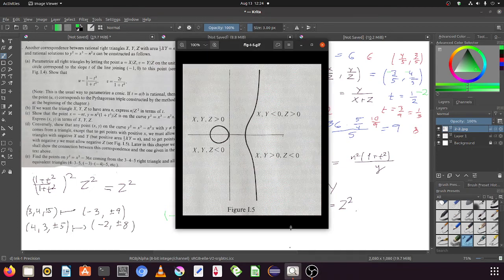It's actually a figure from the book pertaining to this exercise, where we see that the normal Pythagorean triples we have here in this part of the curve, and this is where we have the negative values of x, y, z positive, and then we go down here with negative z.